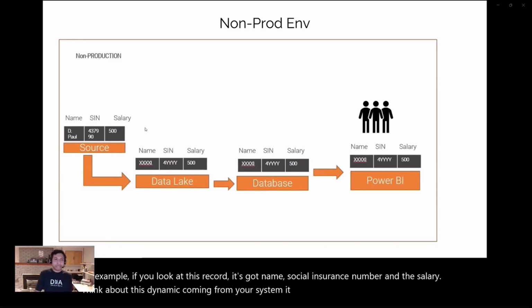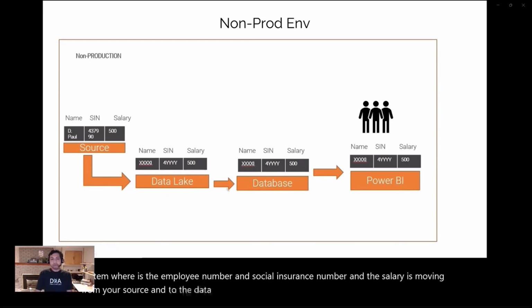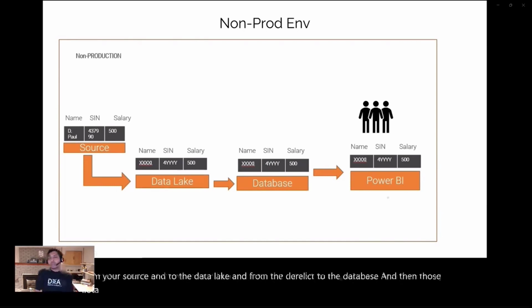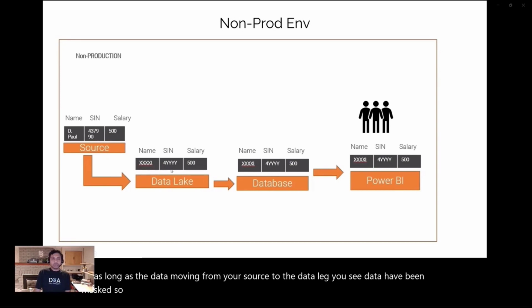It could be Workday or any other system, where the employee number, social insurance number, and salary are moving from your source to the data lake, and from the data lake to the database, and then that data could be consumed by Power BI or any other analytical tool. As long as the data is moving from your source to the data lake, you see the data has been masked. So this name and social insurance number, you're not able to see it, even if it is irreversible.